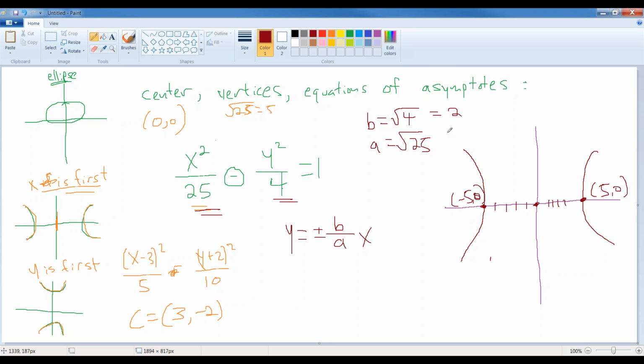So b would be 2, a would be 5, and so the answer would be y equals plus or minus b, which is 2, over a, which is 5, times x, which means our two equations are y equals positive 2/5 x and y equals negative 2/5 x. Those are the two equations of our asymptotes.